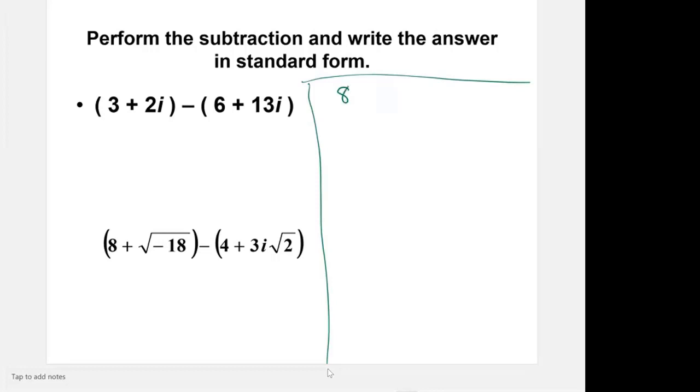So I have 8 plus the square root of -18. And then I'm going to distribute my negative. So I have -4 minus 3i times the square root of 2. So I have my real part, and I'm not really sure what's happening with the imaginary part. So do you know how to simplify the square root of -18?